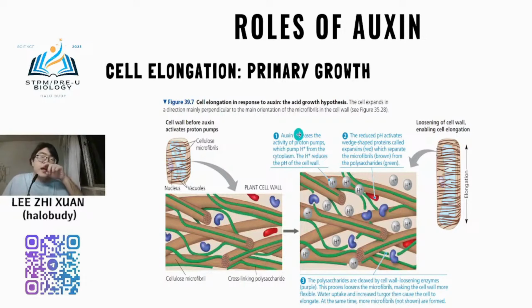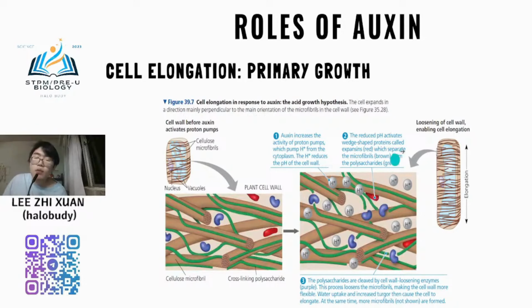So the auxin molecule will increase the proton pump activity, pumping more hydrogen ions from the cytoplasm into the cell wall, so that it reduces the pH, meaning the cell wall is more acidic. Since the cell wall is acidic, it will activate the protein called expansin, the red one, expansin.